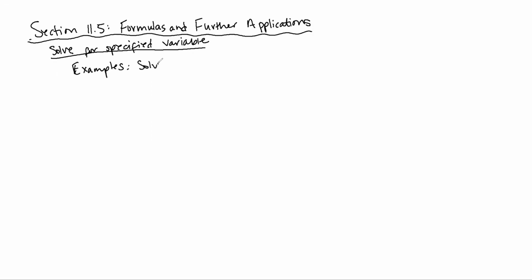So we're told to solve, and I put examples. It's really just example. We're given n equals ab all over e squared. We're told to solve this for e. I'm so sorry, this is not the one that I meant to write down.